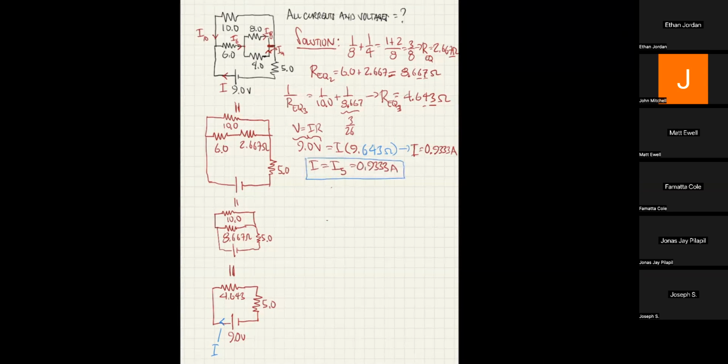Okay, what you got to realize is whatever leaves the battery has to come back into the battery as well, and there's only one path. See, when you get to, for instance, this junction right here, the 0.933 is going to split up into an I6 and an I6... or excuse me, an I6.